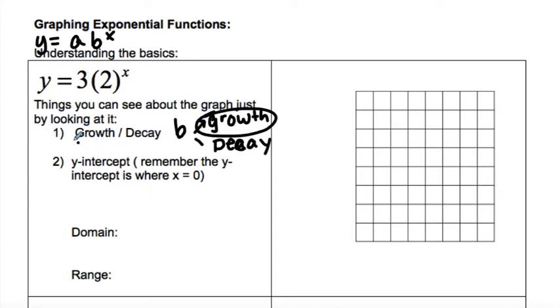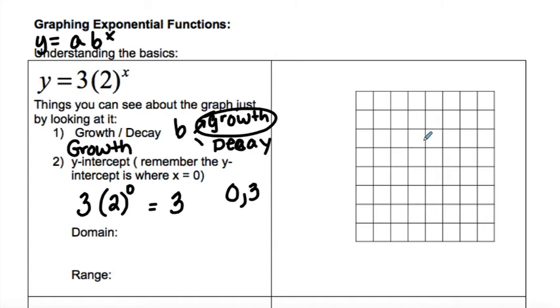Okay, so this is growth. Why? Because b is greater than 1. The y-intercept. Okay, so how do we find the y-intercept? Remember, the y-intercept is where x is 0. So I'm going to let x be 0. We'll get 2 to the 0, which is 1. 1 times 3 is 3. Okay, so my coordinate of my y-intercept is (0, 3).